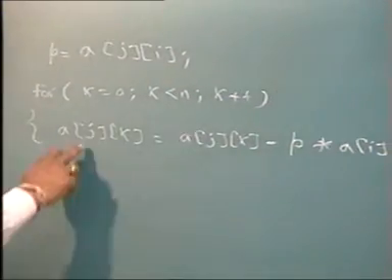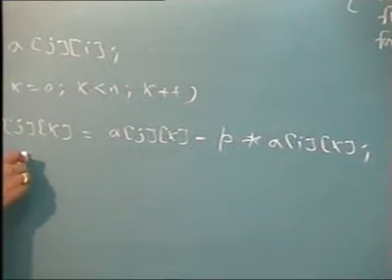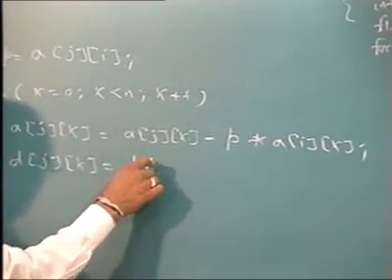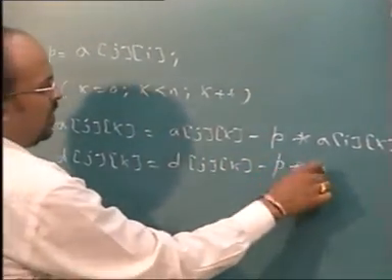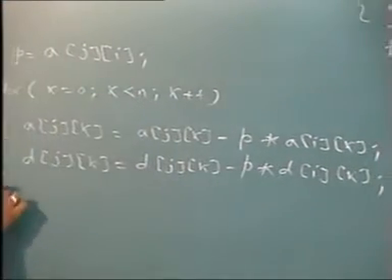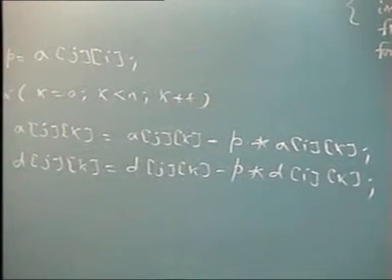So from jth row subtract ith row of A. The same operation should be performed on D. So D of jk equal to D of jk minus P star D of ik. If gets over, function gets over.